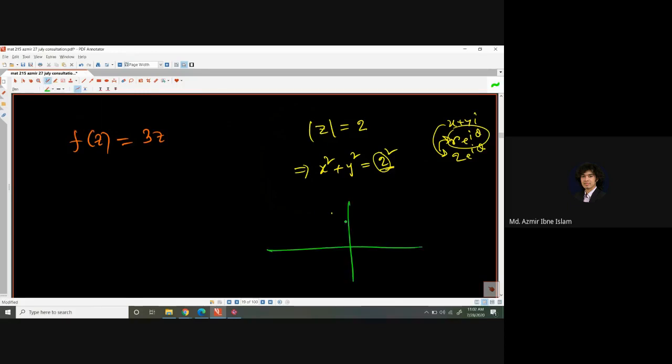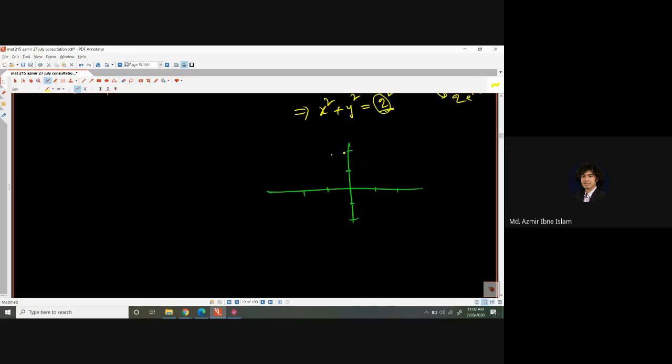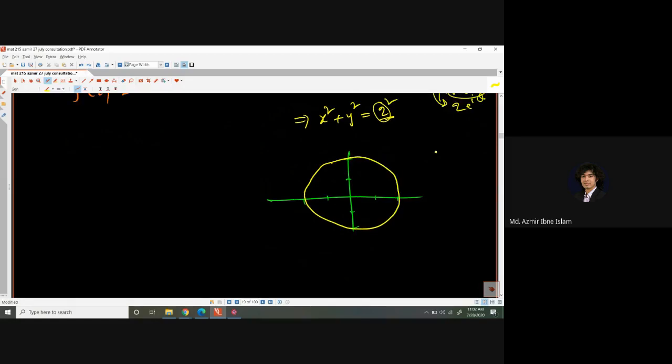So okay, let's draw the first graph that we have for the z plane. It is a circle with radius 2: 1, 2, 1, 2. Now we can draw the circle. So this is the circle, x squared plus y squared equal to 2 squared, or we can say modulus of z equal to 2, so r equal to 2.